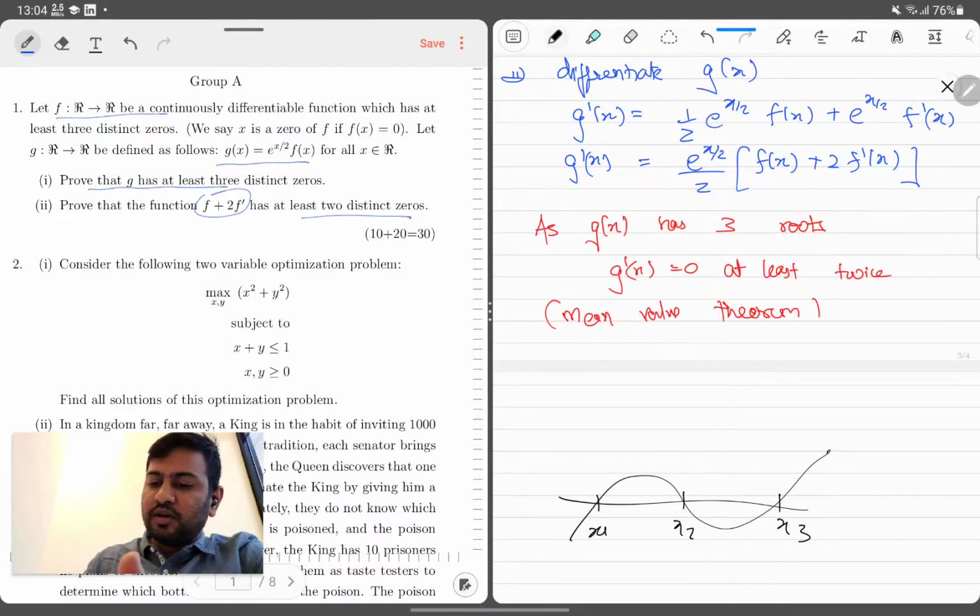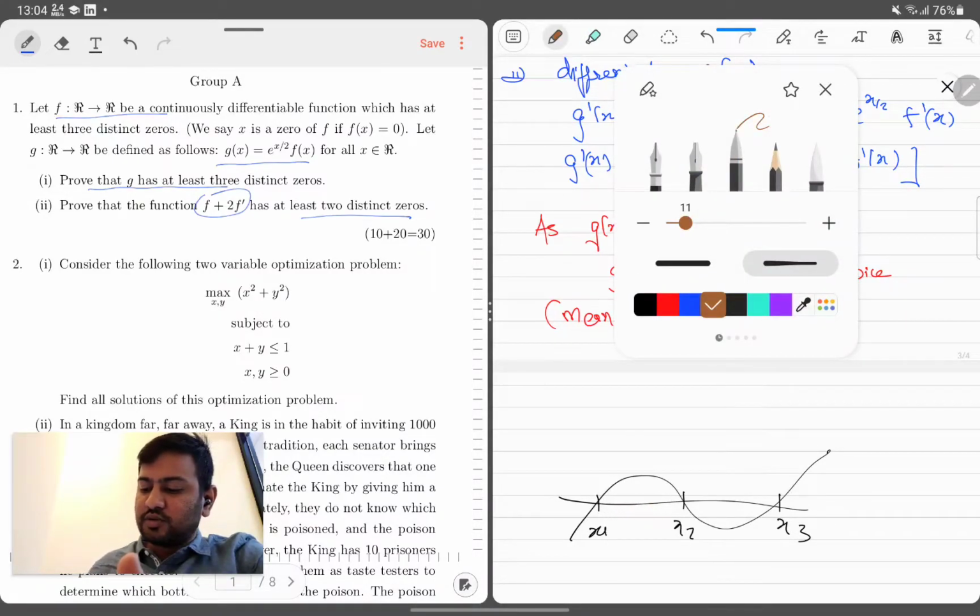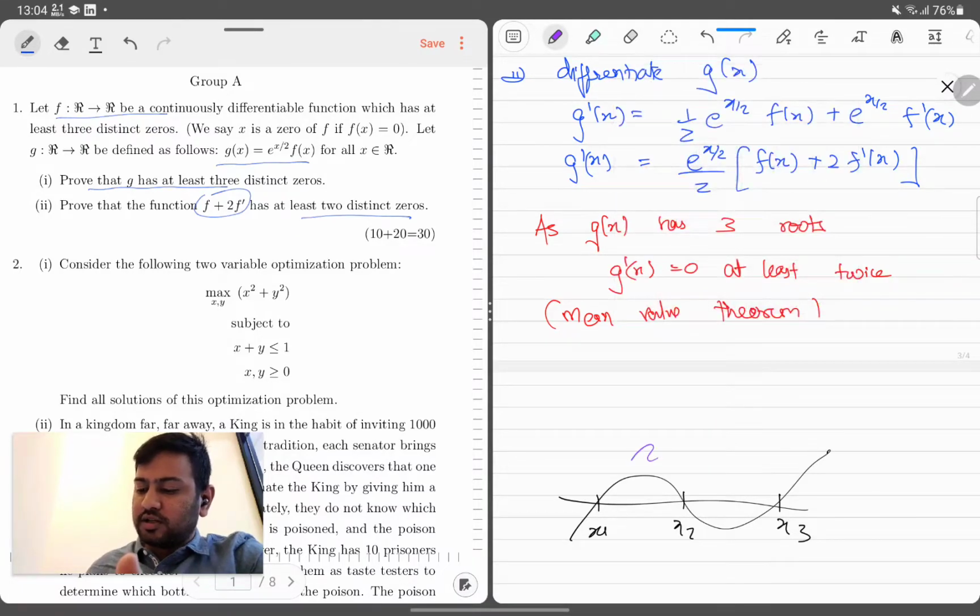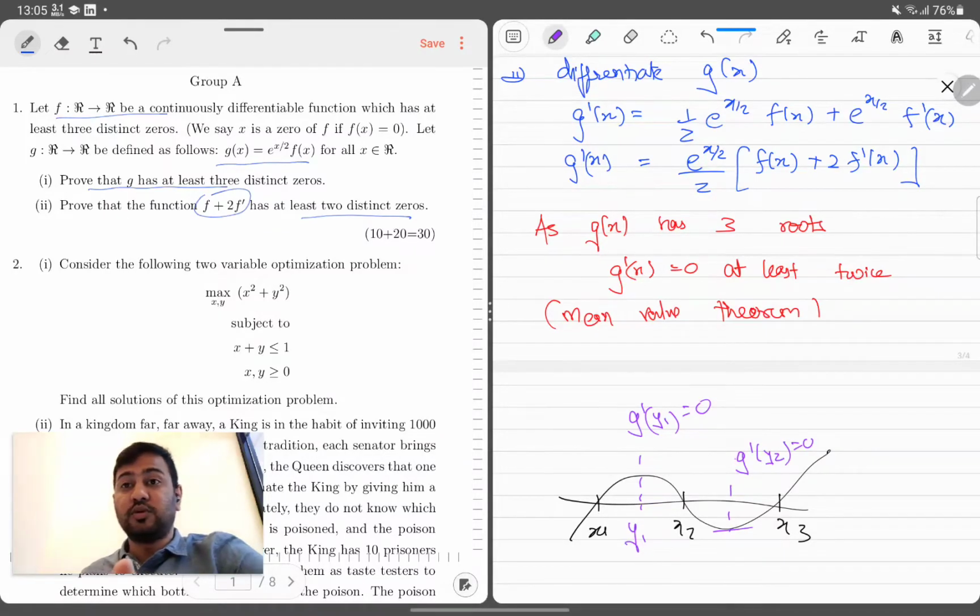Now what mean value theorem says is that if x1 and x2 are roots, then between x1 and x2 there will be a point y1 such that g prime of y1 will be equal to 0, and again there will be a point here where g prime of y2 will be equal to 0. So if a function has 3 zeros, its differentiation will have at least 2 zeros. So that comes from the mean value theorem. So this is a direct application.